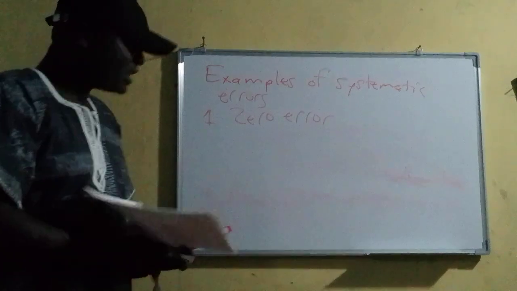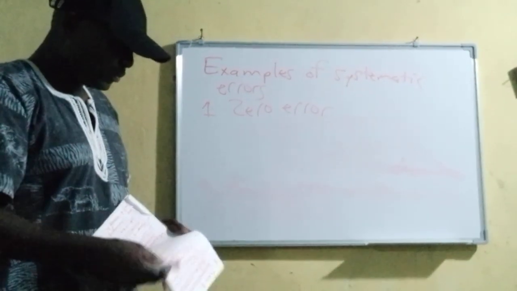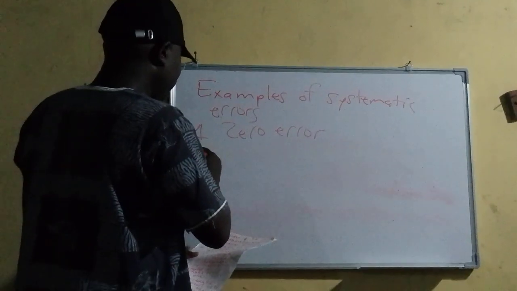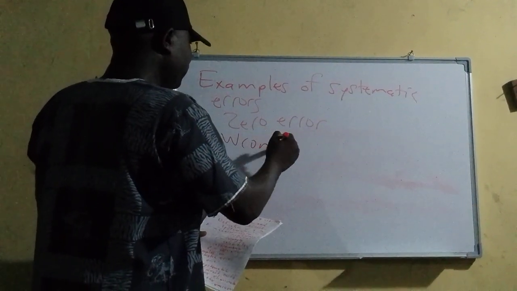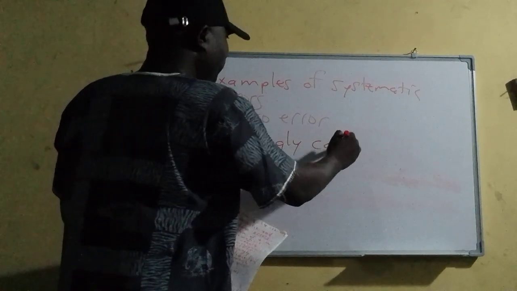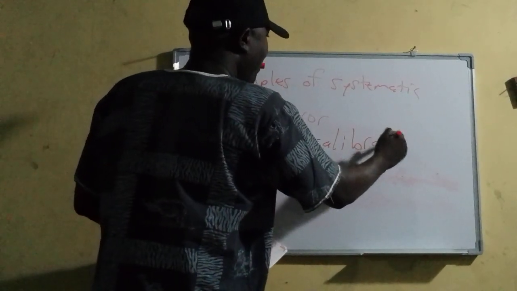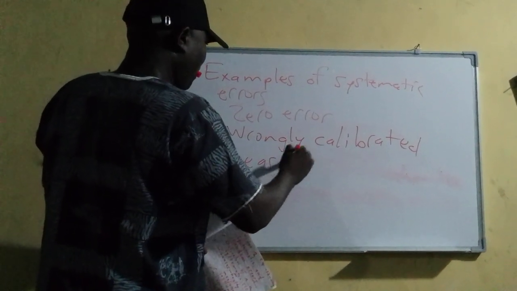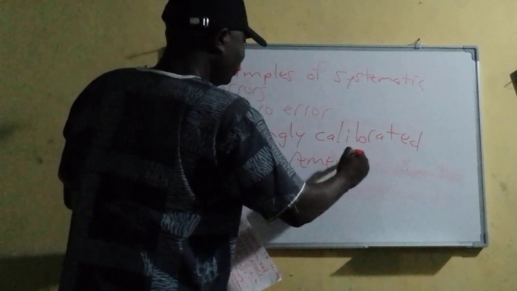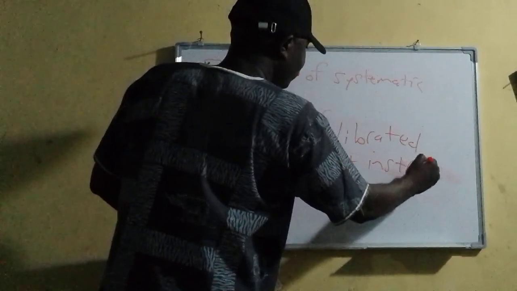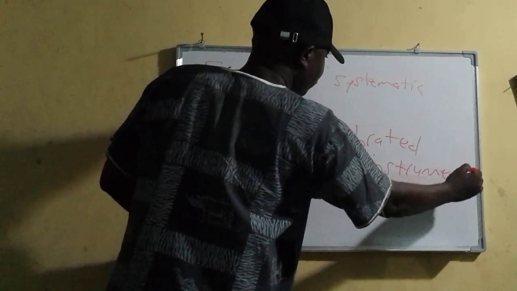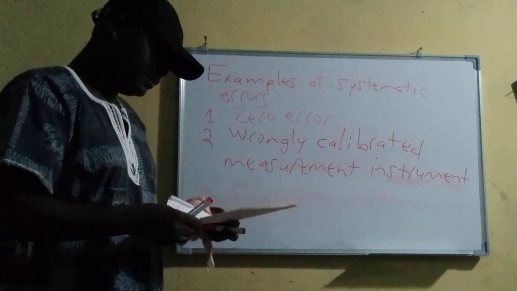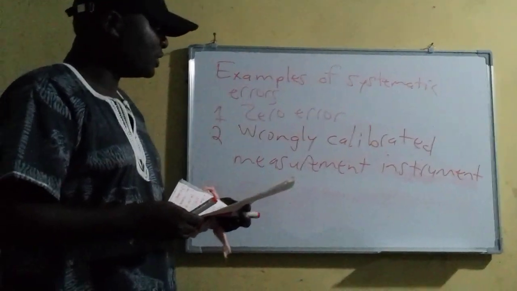A zero error is a very good example of a systematic error. 2. Wrongly calibrated measurement instrument.